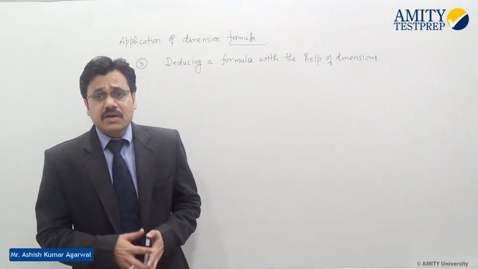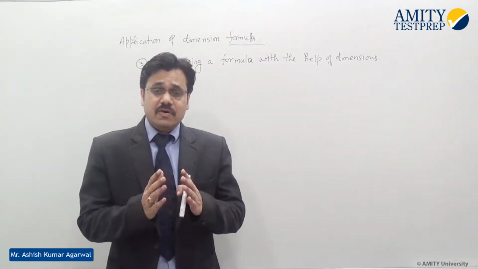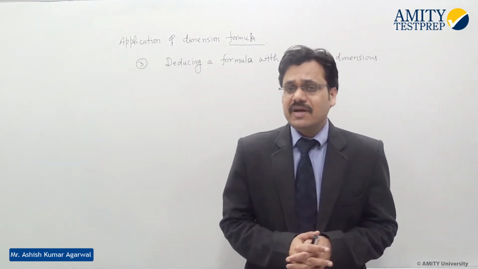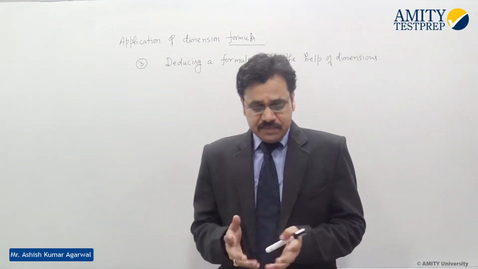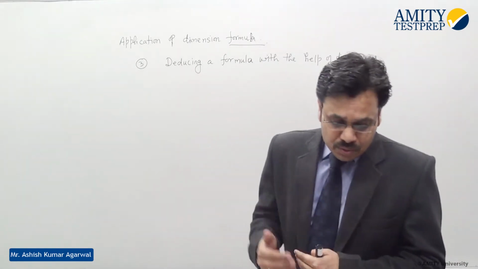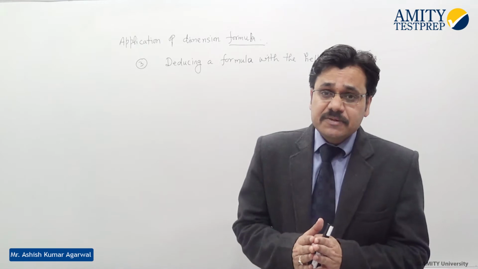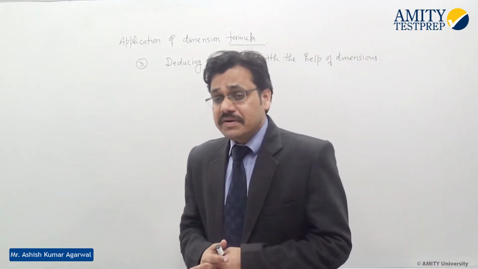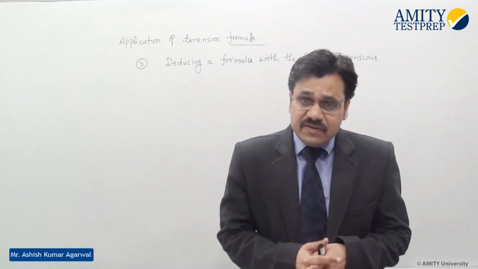Today we will discuss how to derive a relationship between physical quantities with the help of the dimension formula. Sometimes dimensions can be used to deduce a relationship for a physical quantity which depends on certain other physical quantities.